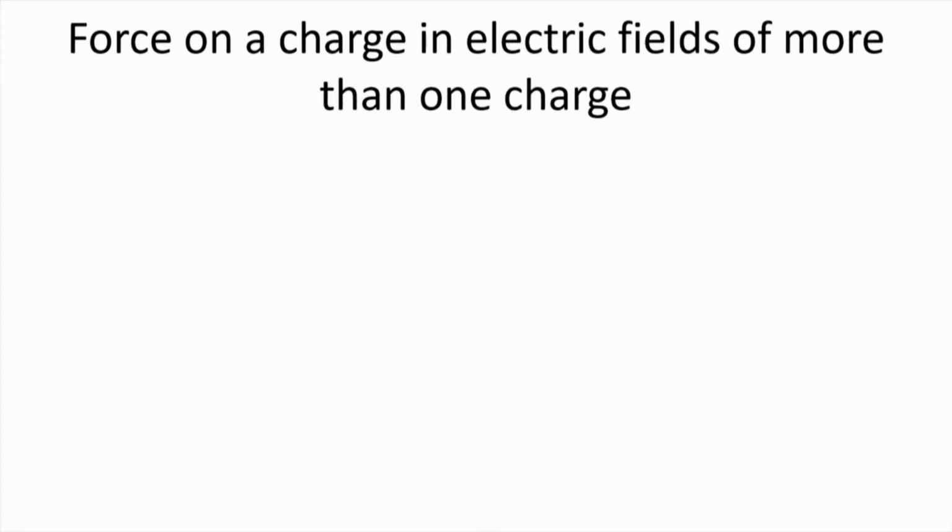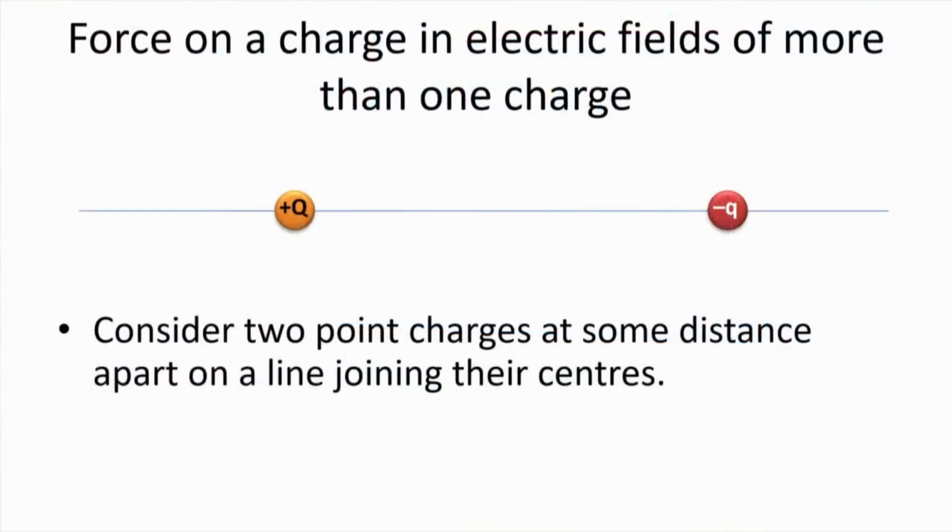All right. Force on a charge in the electric field of more than one charge. So we're going to look at two charges. If we have this situation, consider 2 point charges at some distance apart on a line joining their centers. So that's the same big Q and little q, right? One positive and one negative.